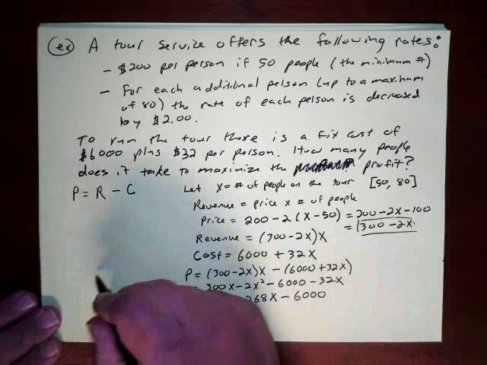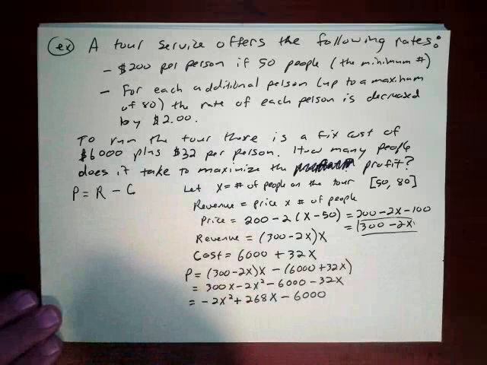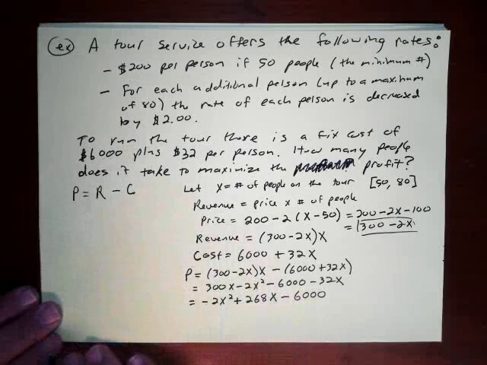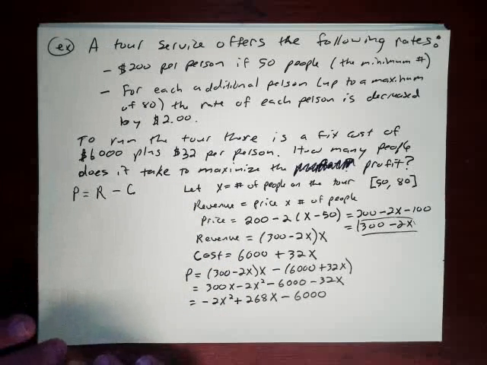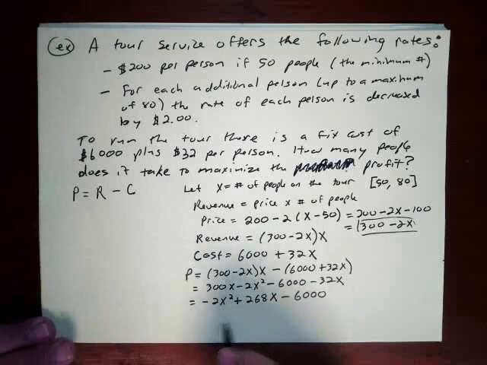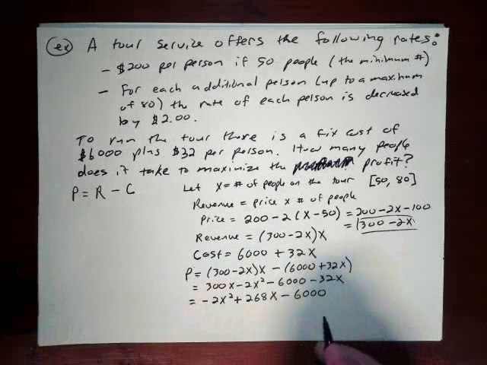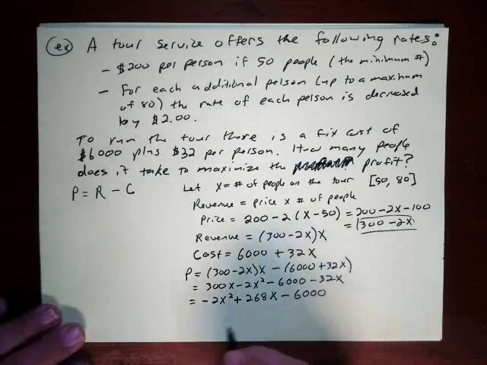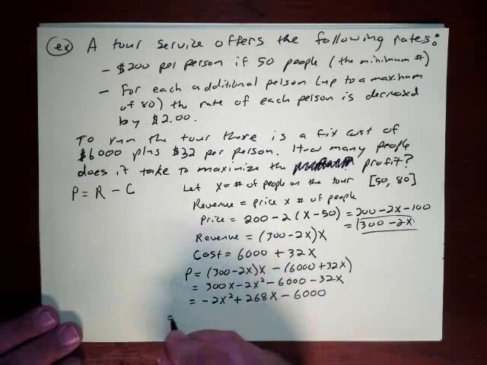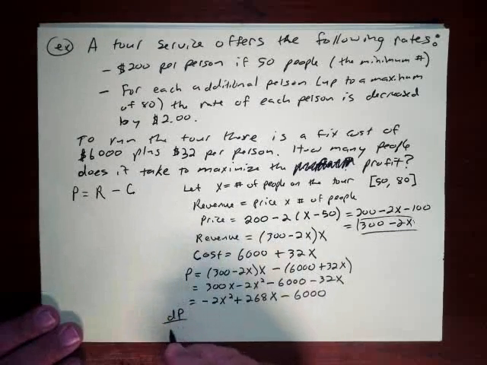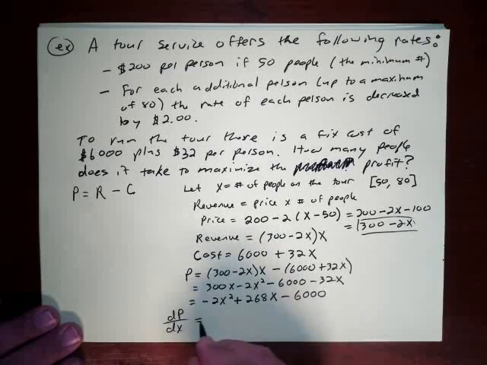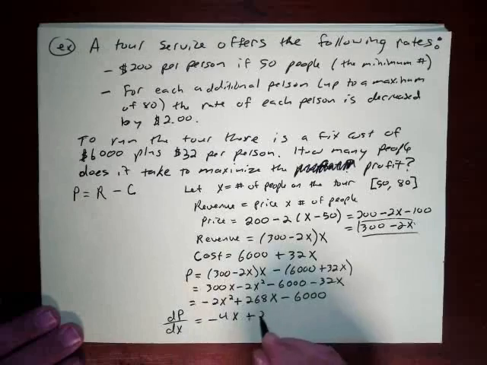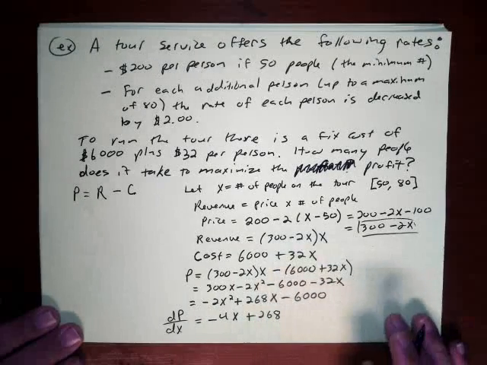Now that's a quadratic equation that has a negative leading coefficient, so it opens downward. It will have a maximum value. And so we could use the opposite of b over 2a, or we could use calculus here. If I use calculus, I would get dp over dx, and that would be negative 4x plus 268.